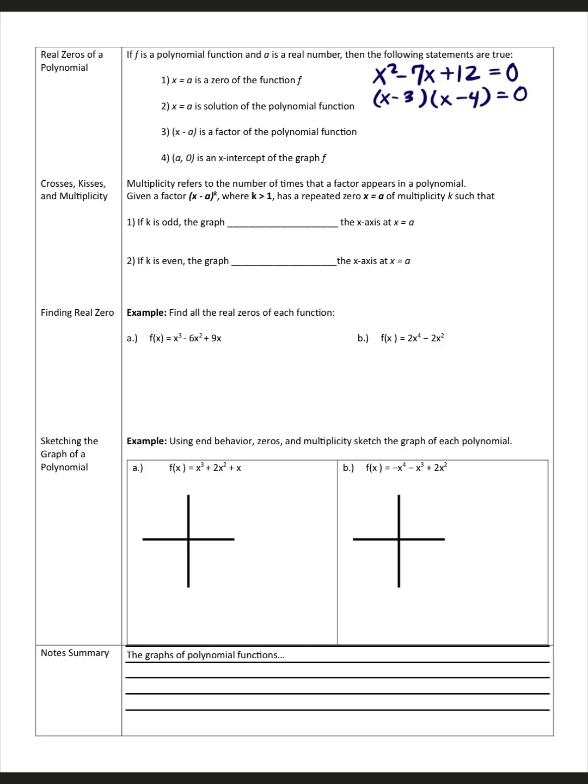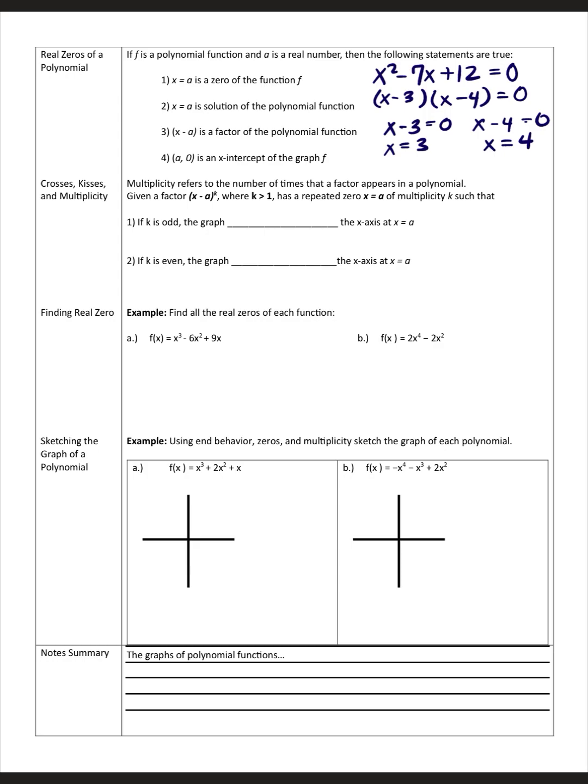So that also means that my x-intercept, well, first let's find out what my x's are. So x minus 3 equals 0. X minus 4 equals 0. So x is equal to 3. X is equal to 4.